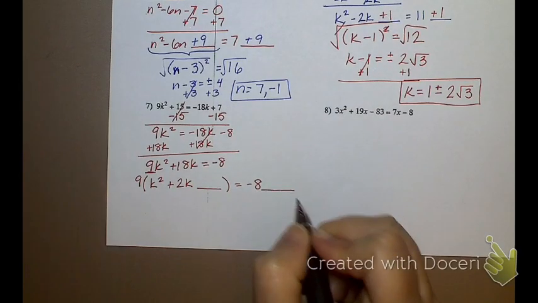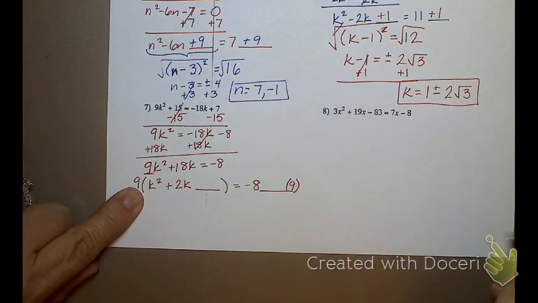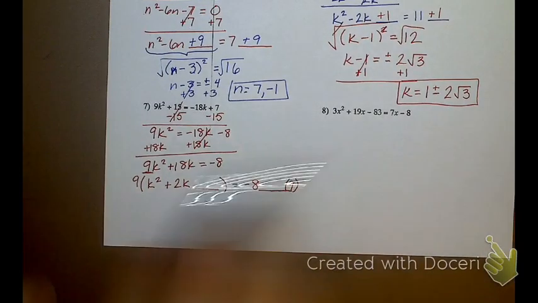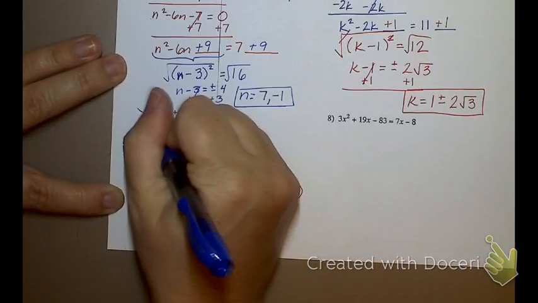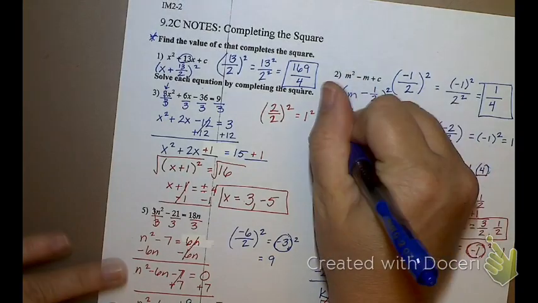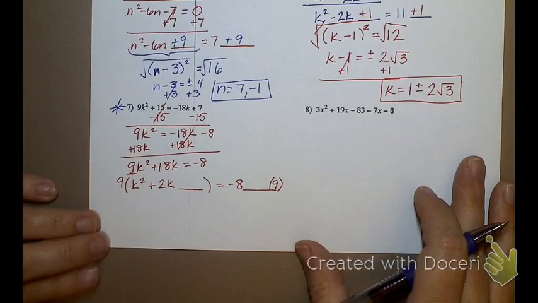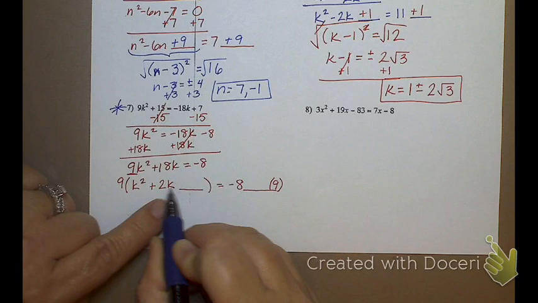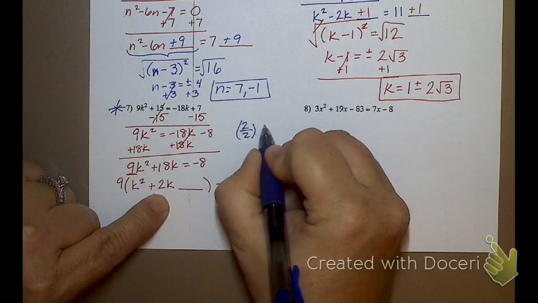And whatever I fill in that blank with, I'm going to have to multiply it by 9 because that's what I took out over here. I need to remember that. So if you need to remember that, put a little star next to number 7, number 4, because those are ones you can look back at. All right? So what goes in the blank now? 2 divided by 2 is 1. 1 squared is 1.